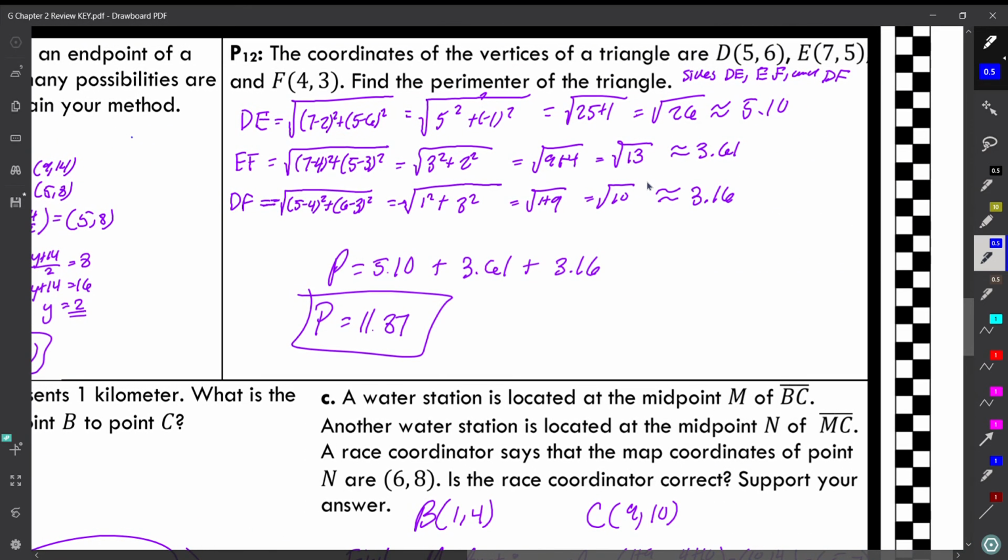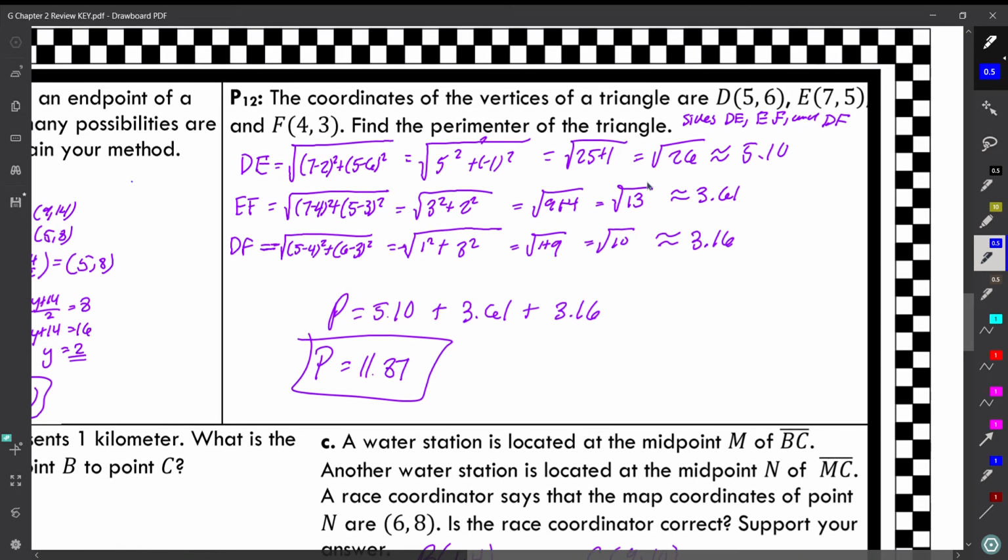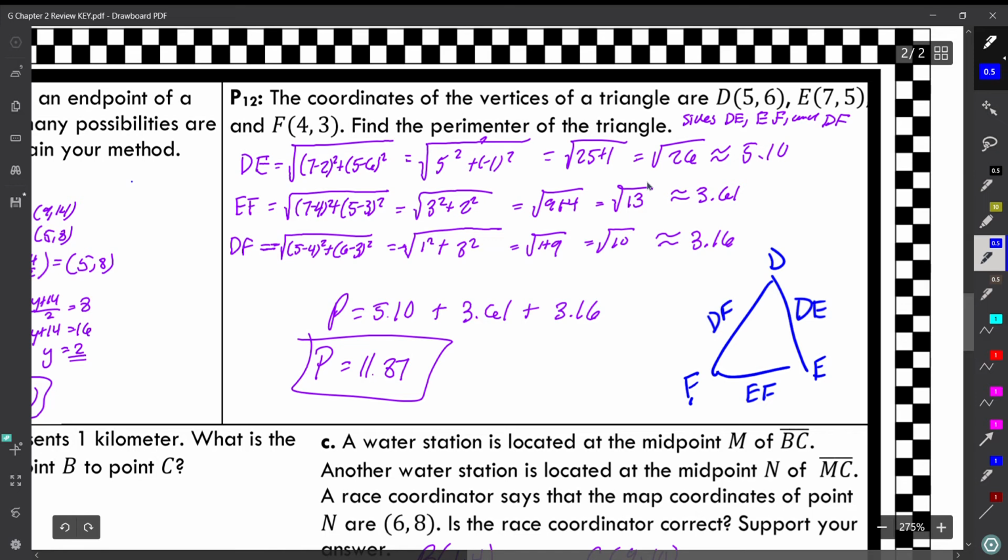The coordinates of the vertices of a triangle are D(5, 6), E(7, 5), and F(4, 3). Find the perimeter of the triangle. Remember, if I have a triangle DEF, triangles have 3 sides. Those 3 sides are DE, which is that one, EF, and then this side would be DF.